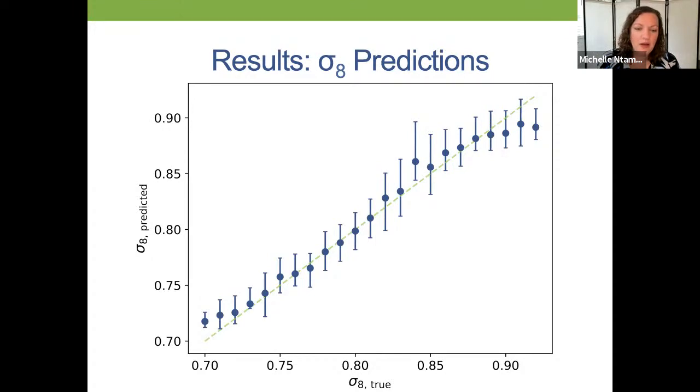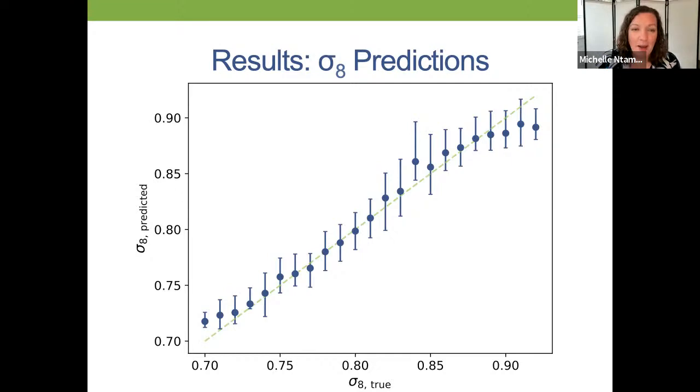ML interpolates a lot better than it extrapolates, and so it tends to bias toward the mean on edge cases. But toward the middle, this is estimating sigma 8 at about the expected theoretical limit. So got a scatter of about 0.02, which is what we would expect for a cluster sample of our size.